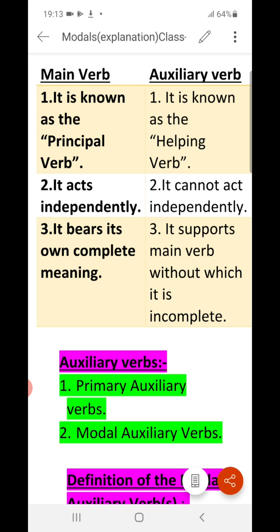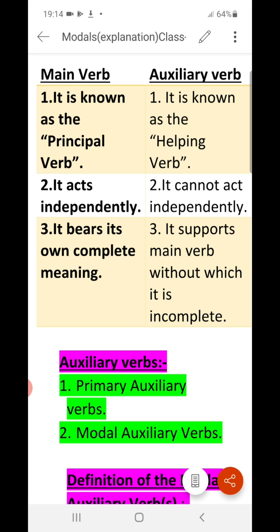It can be sufficient in a sentence as it has the capability to bear its own complete meaning. Next, auxiliary verb. It supports main verb without which it is incomplete.